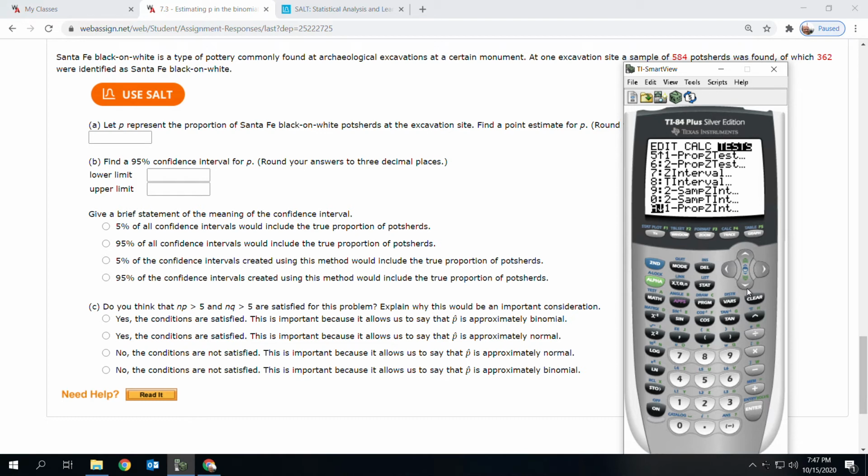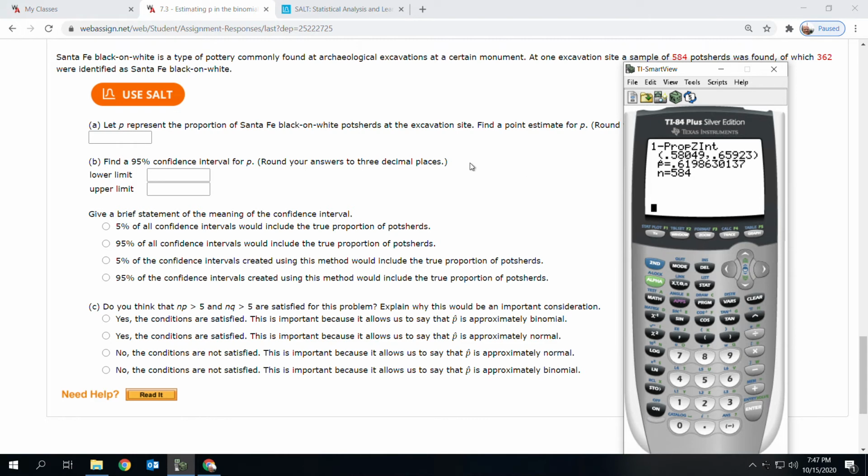It's the 11th option. X out of n, that's where you get your 362 out of 584. Then we're going to put in our confidence level, 95%. That's 0.95. Calculate.